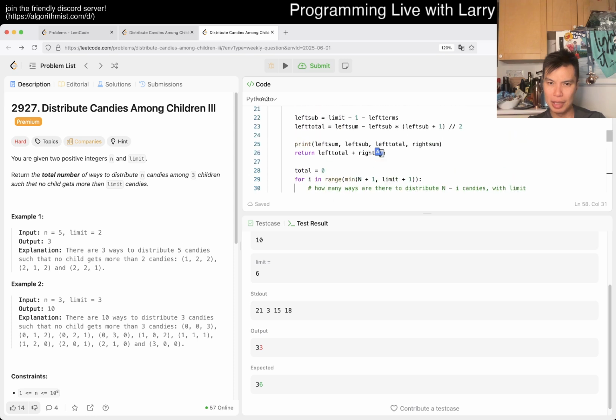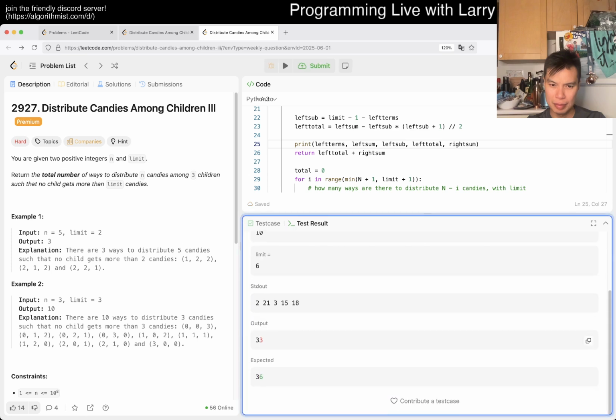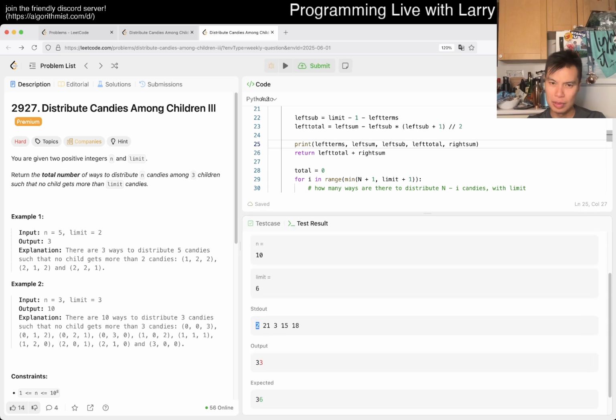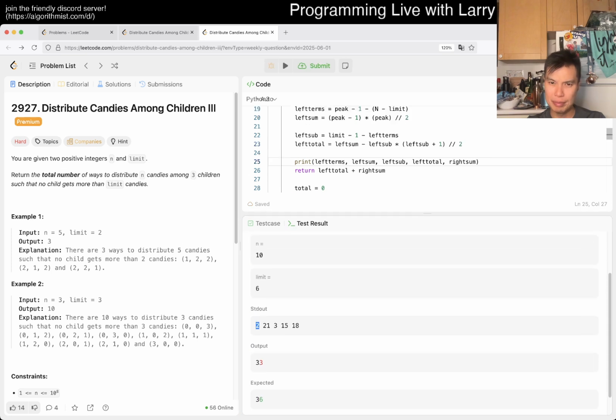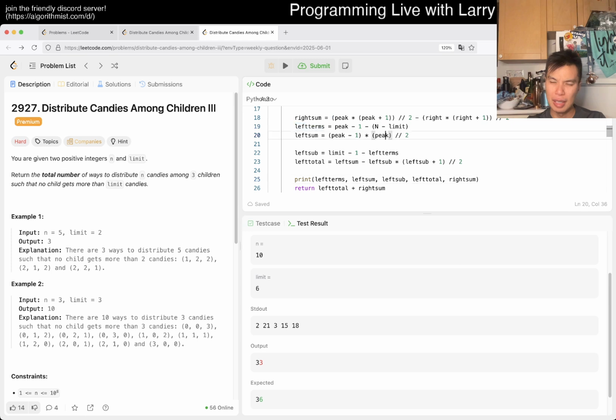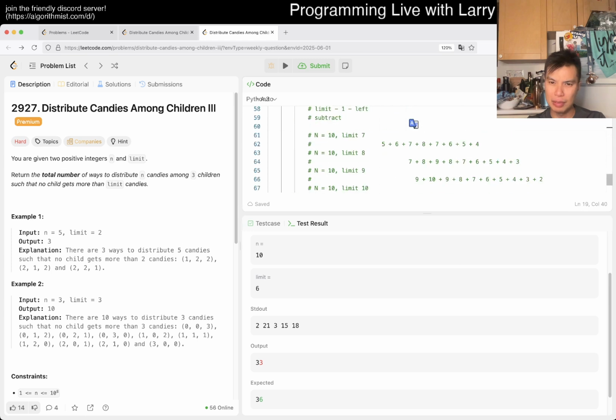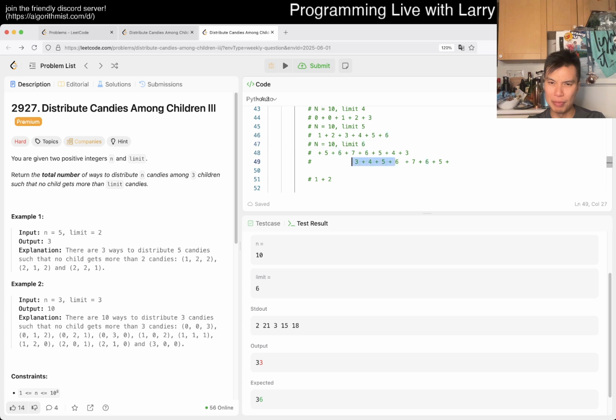How many terms do we have? All right, let's take a look. Two. That's not right. N minus limit. Okay, so for 6, the number of terms should be 4. So n minus limit is 4. And that's it, right? Why do I have so many funky things?